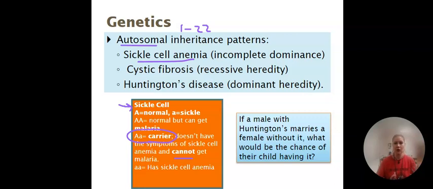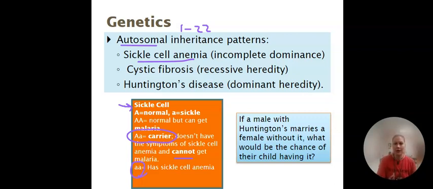But if you are heterozygous for sickle cell, you not only don't have sickle cell, but you're also slightly more immune to malaria. Now, here's the risk. If you're a carrier and you also marry a carrier and have kids, you do run the likelihood of having a child that will get sickle cell anemia. Okay, so give and take there.